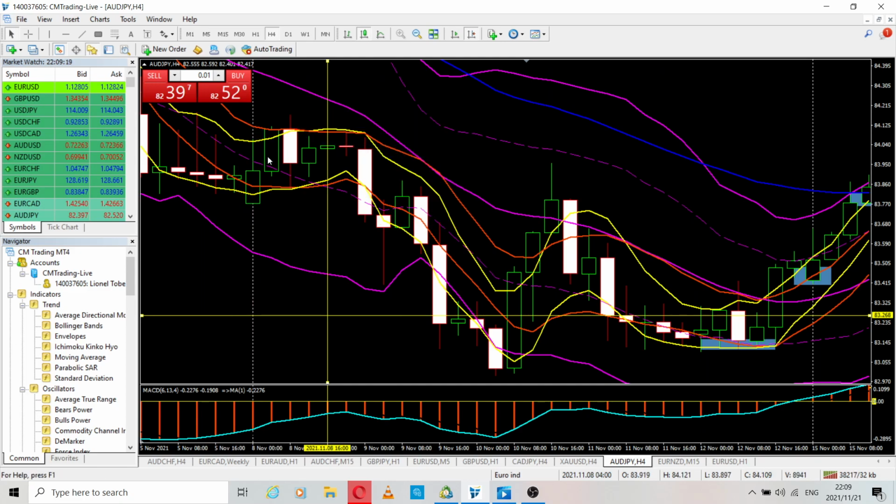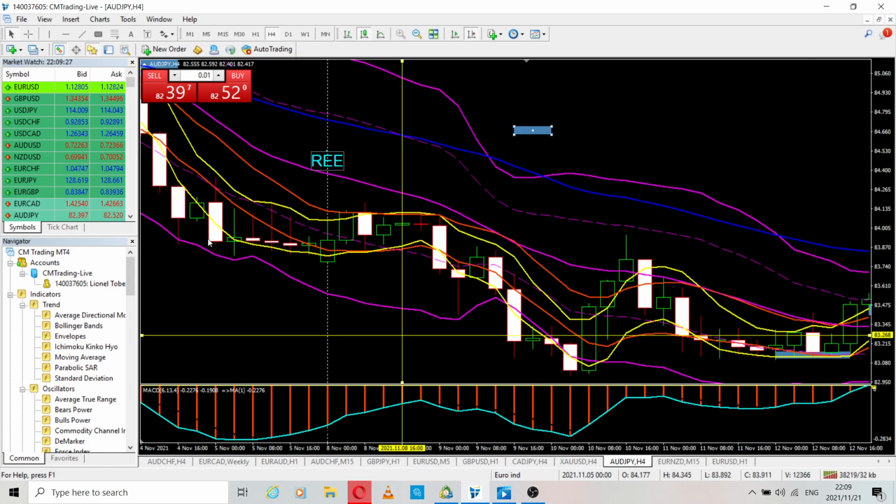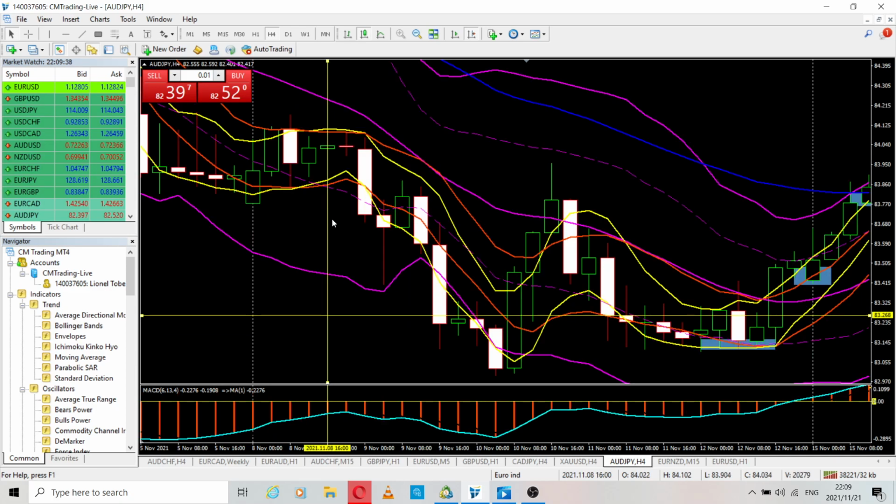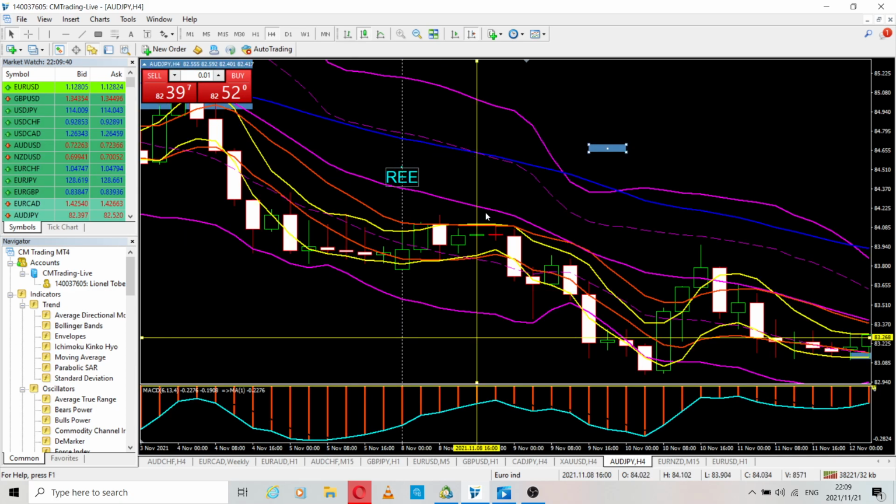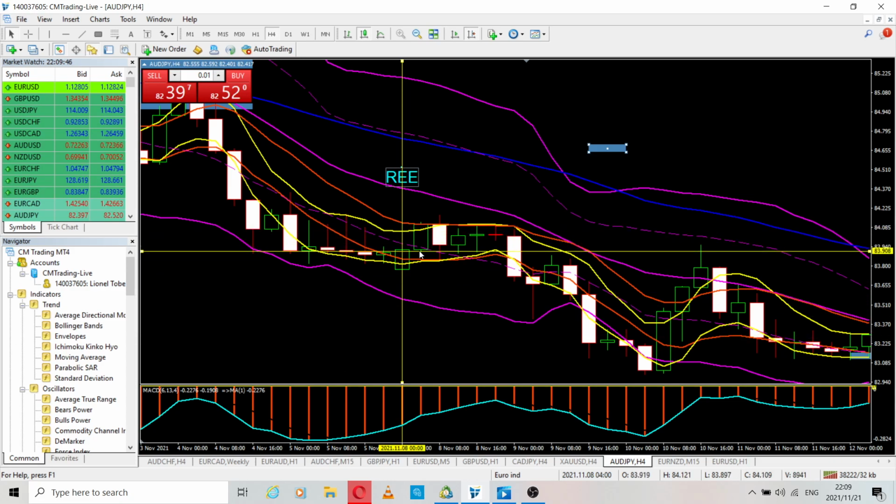The first candle that touched your MA is this one, because remember you're coming from candles that are closing below, whilst you have a zone at the top. So now this is the first candle that touched, then it closed there. That's where this first candle closed.